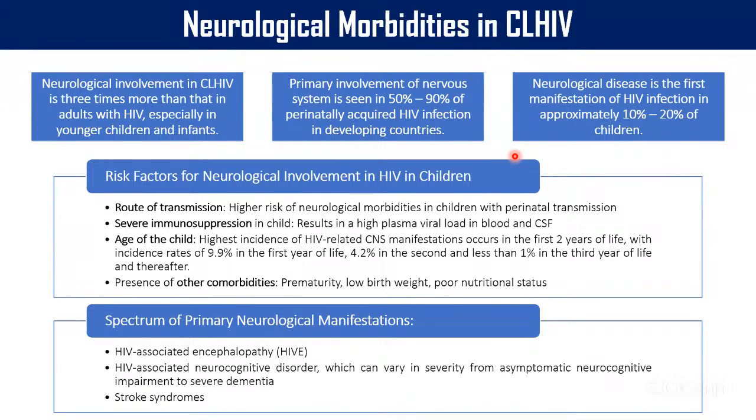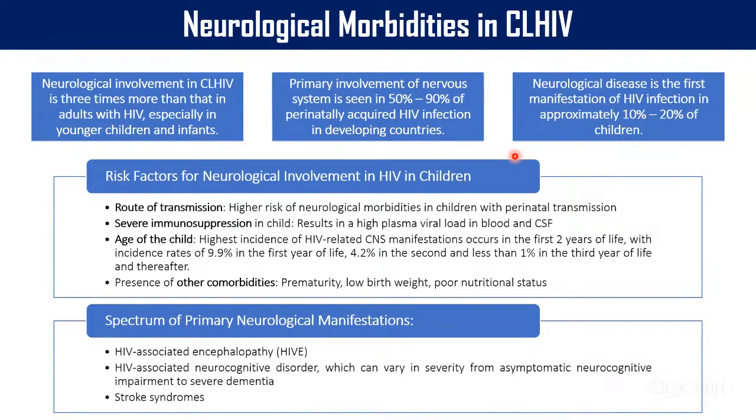Primary involvement of the CNS is seen in almost 50 to 90% of perinatally acquired HIV infection. The consequence can be catastrophic, from severe encephalopathy to very mild learning disabilities or subtle neurological dysfunction in an older child. Neurological disease may be the first manifestation of HIV infection in approximately 10 to 20% of children. That means 1 in 5 or 1 in 10 children will have a neurological disease.